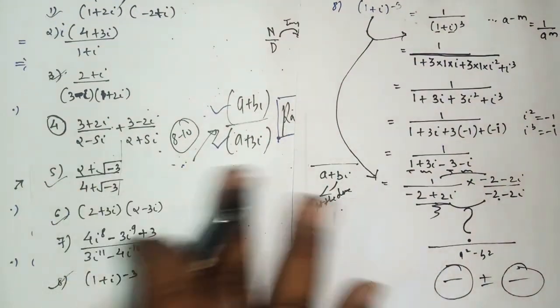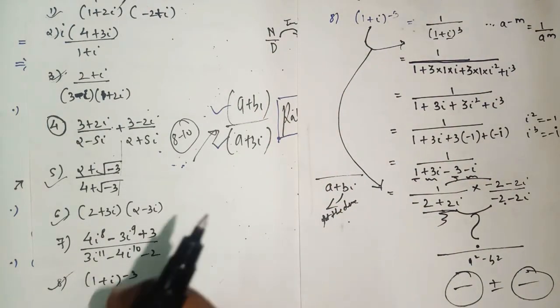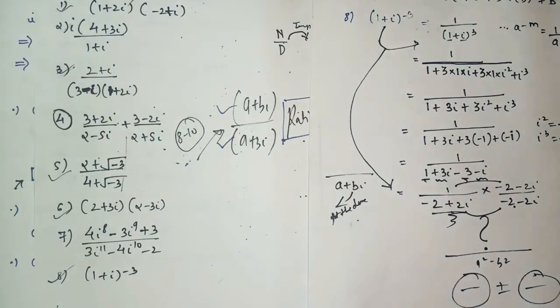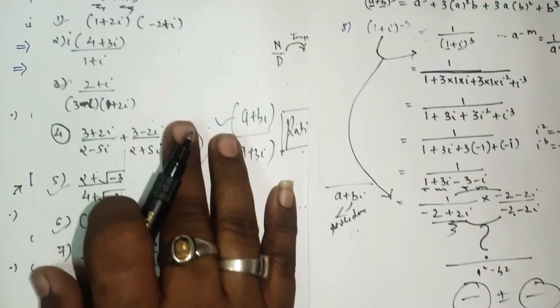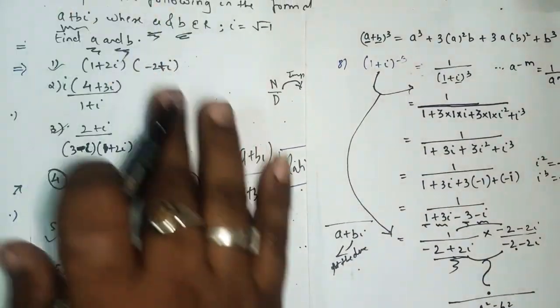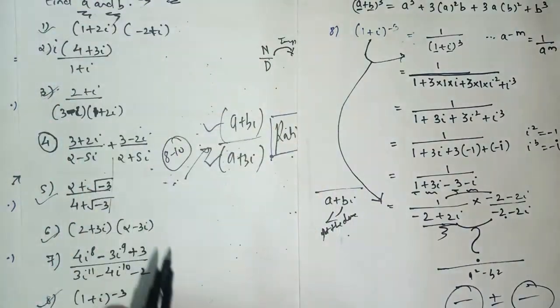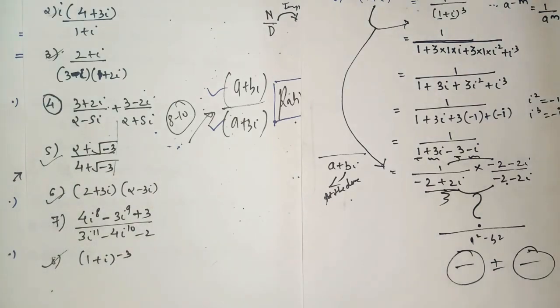Please try the remaining sums by yourself because all the sums are similar only. There will be a little change that you have to understand, but almost all the sums are similar to each other. So I hope you all understood this part, how to express the following in the form of a plus bi, where a and b belong to the real numbers, and I have explained each and every sum.